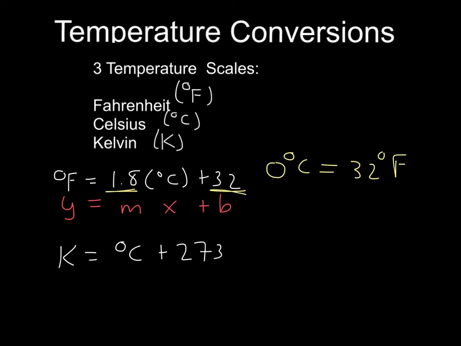There was a scientist named Lord Kelvin, and he studied the effect of the volume of a gas by its temperature in degrees Celsius. And what he noticed was there was a direct relationship between the two.